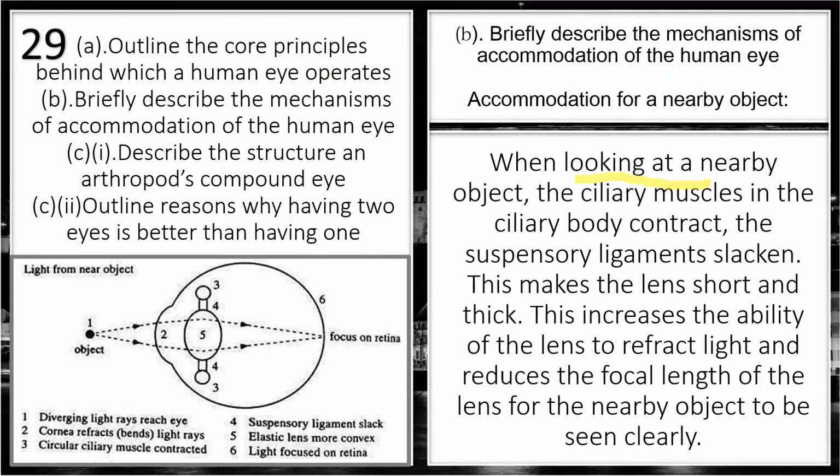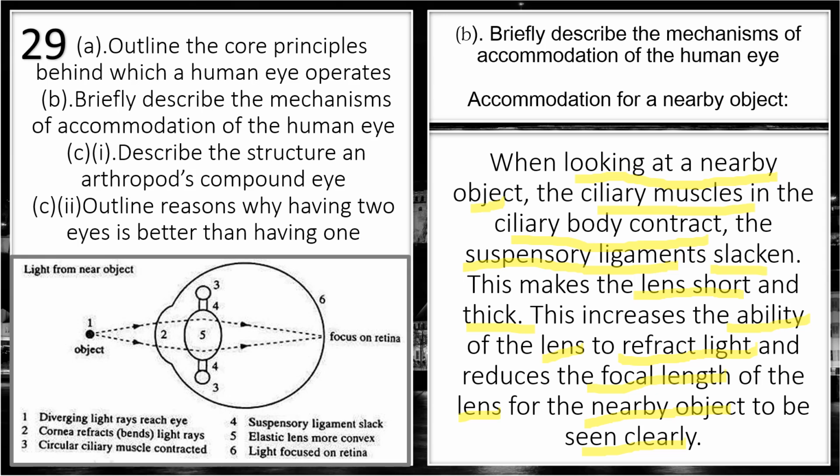When looking at a nearby object, the ciliary muscles in the ciliary body contract. The suspensory ligament slackens, and this makes the lens short and thick. This increases the ability of the lens to refract light and reduces the focal length of the lens for the nearby object to be clearly seen.